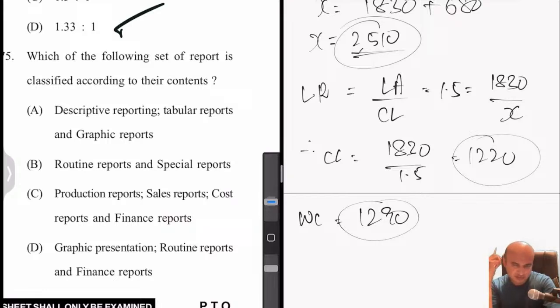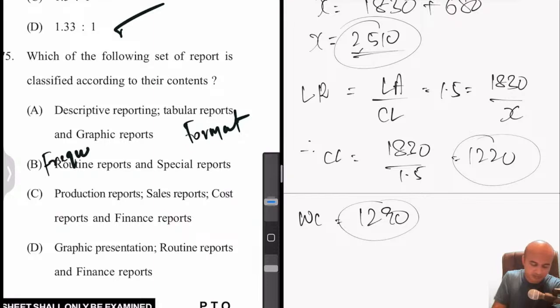This is not classified according to the content, but in fact according to the format. Routine reports and special reports, this again is classified based on the frequency. And graphic presentation, routine reports, and finance reports, this is a mixture in fact.